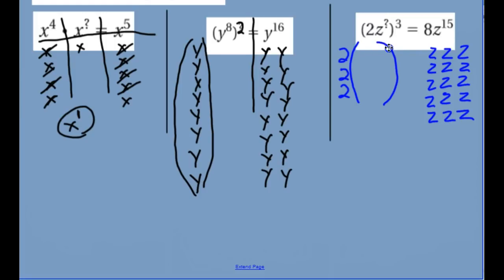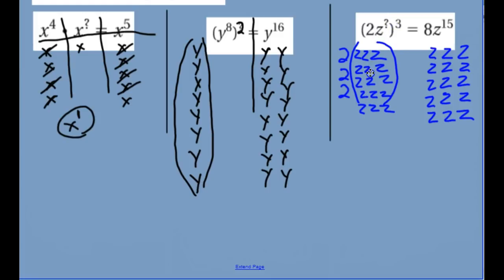Well, if we do 5 times 3, 1, 2, 3, 4, 5, 1, 2, 3, 4, 5, 1, 2, 3, 4, 5, 5 times 3 would give us 15. So we know that we have 1 group, 2 groups, 3 groups, 4 groups, and 5 groups of 3 z's.